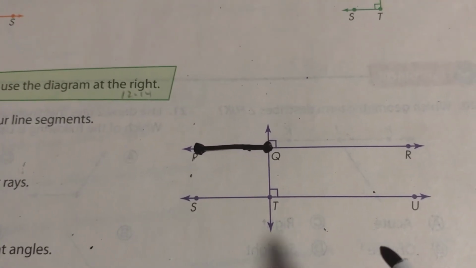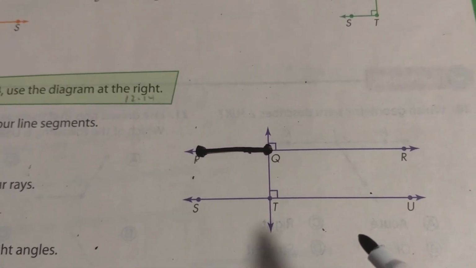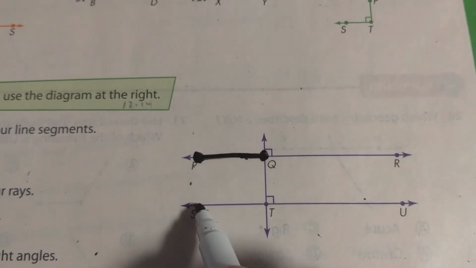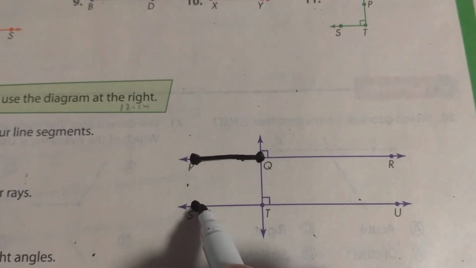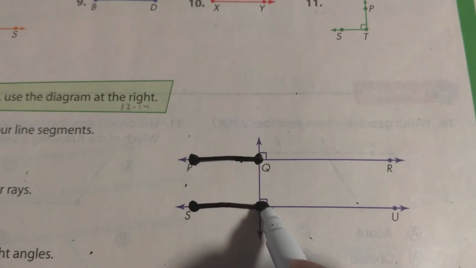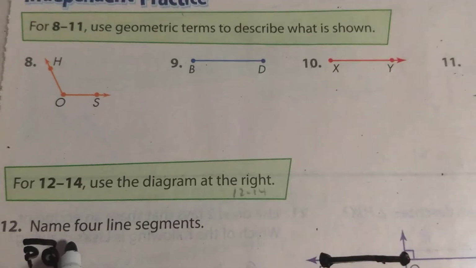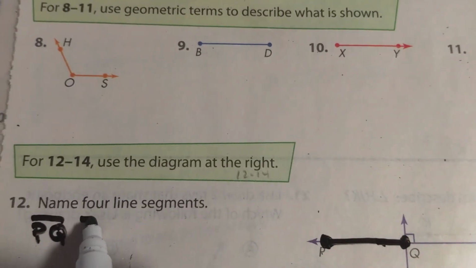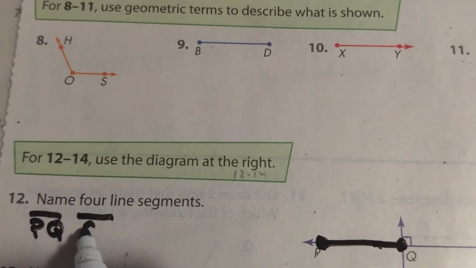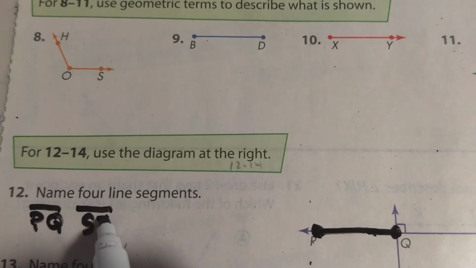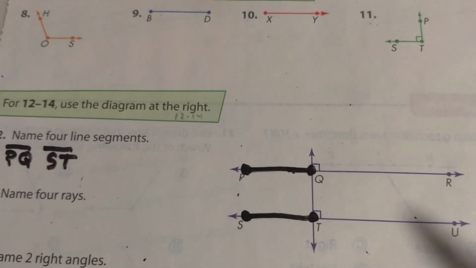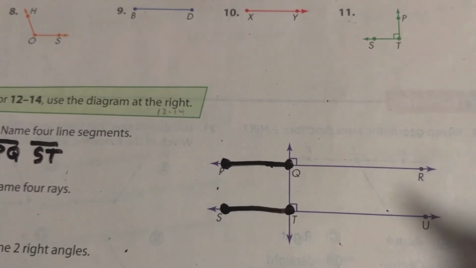Do you see another one? Oh, I do. Look. S T. That's our second one. So that will be, excuse me, line segment ST.